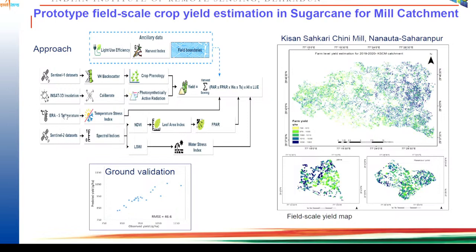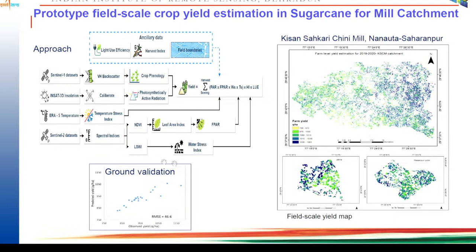Then ERA-Interim, the climate model reanalysis data, is useful for the temperature stress or temperature limiting factor. The Sentinel-2 data set is useful for estimating FAPAR, leaf area index, and NDVI, and also for the land surface water index.